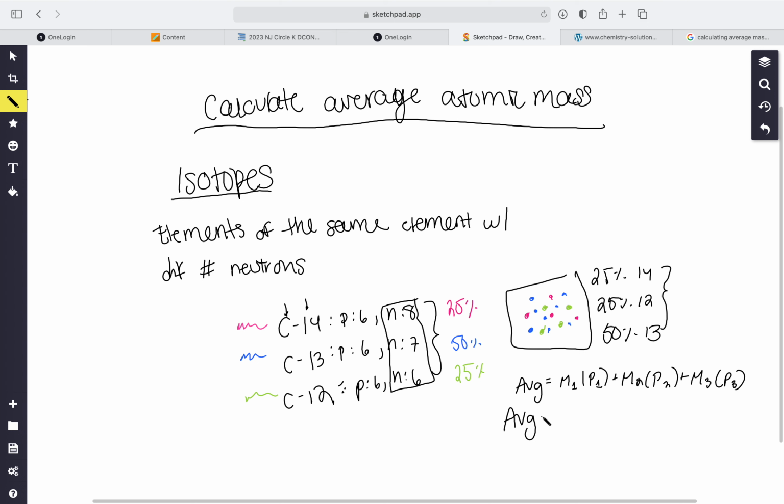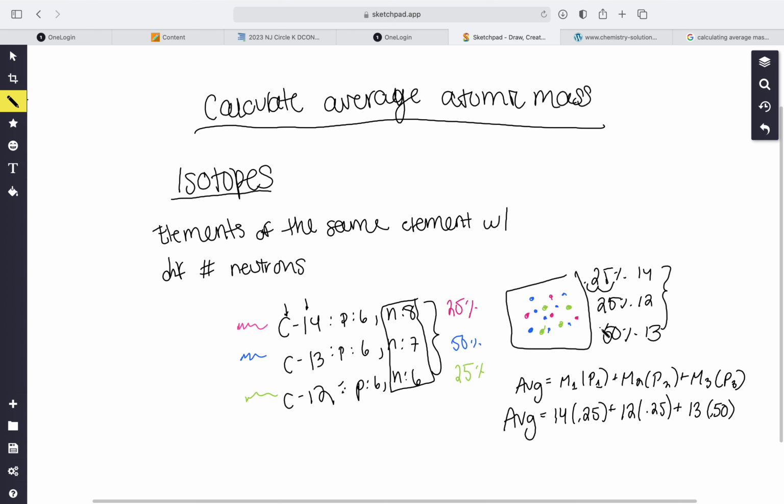In this situation, the mass of 1 is 14 and the percent is 0.25. Keep in mind, when you're doing percents, you always move the decimal place over 2 times to turn it into a decimal. Next, mass of 2 is 12, and we have 25% of that, plus mass of 3 is 13, and we have 50% of that.